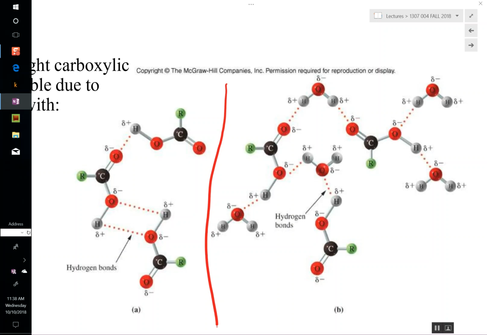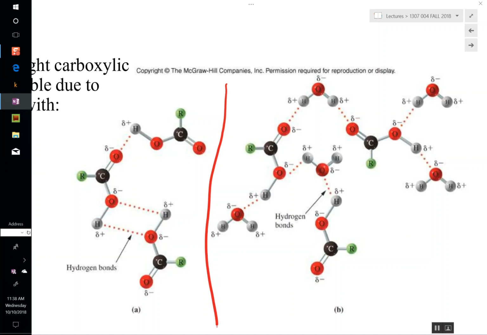We have a hydrogen-oxygen bond over here, an oxygen-hydrogen bond here, lined up oppositely because of their opposite charges. And even the carbonyl, the carbon-oxygen double bond, is an area of negative density, and it can hydrogen bond to another OH on another carboxylic acid molecule. This is what gives it added polarity.